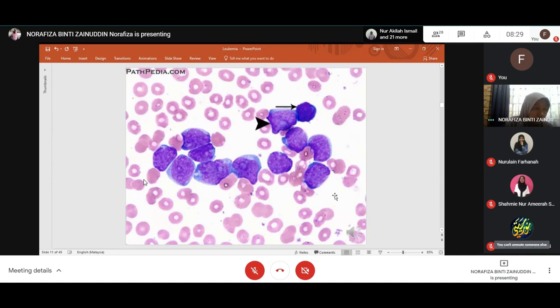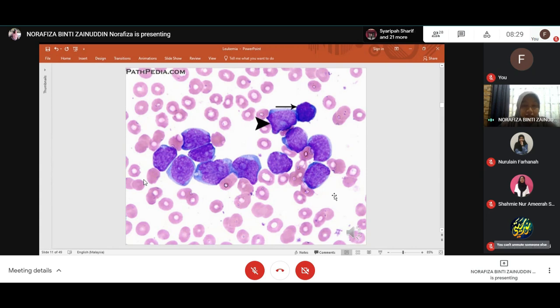Now is slide 11. So this is AML M0, acute minimally differentiated AML. They are characterized by lack of obvious myeloid differentiation.